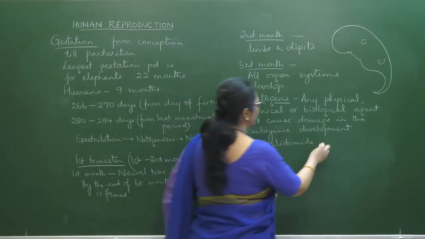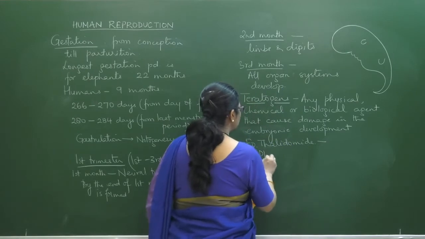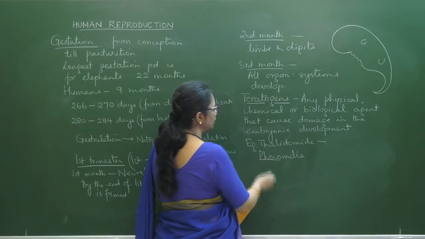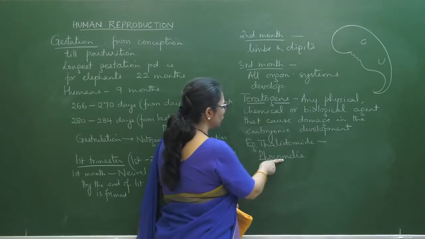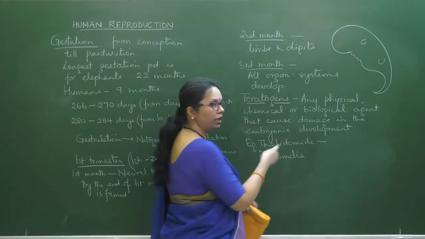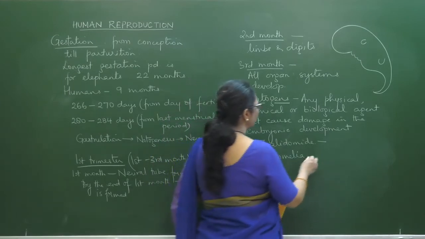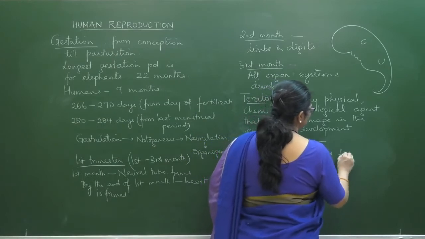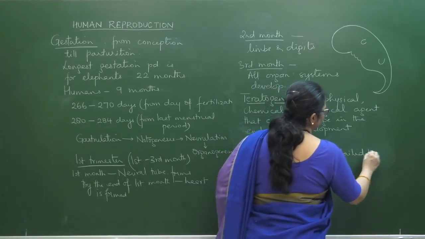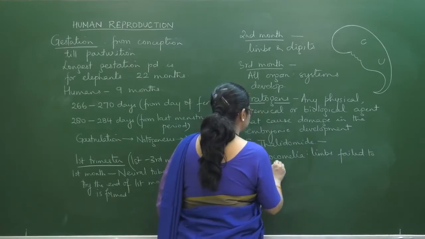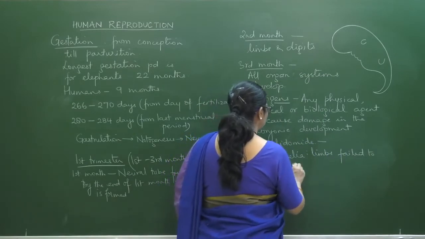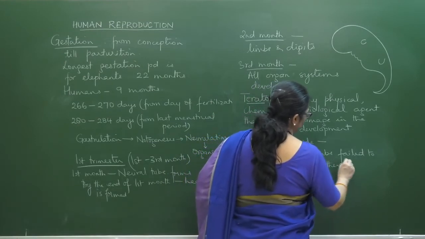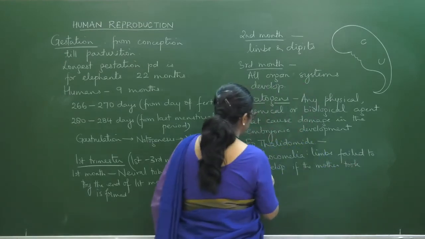This kind of condition is called phocomelia. Phocos is the scientific name of seal, so seal-like, flipper-like limbs, or simply limbs fail to develop. So phocomelia, in this case, limbs failed to develop if the mother took thalidomide in the first trimester.